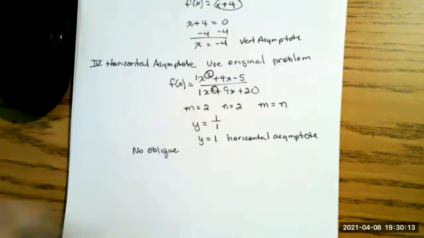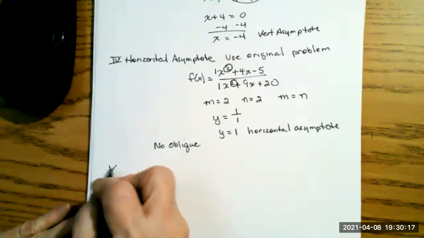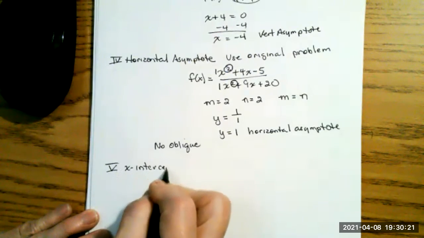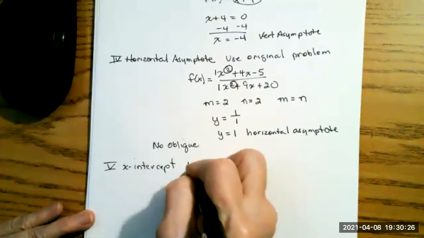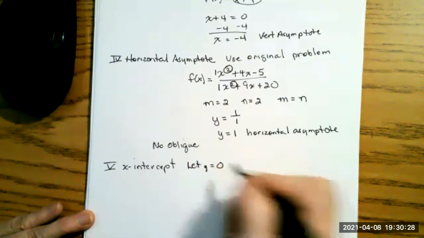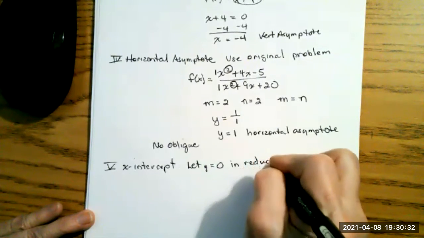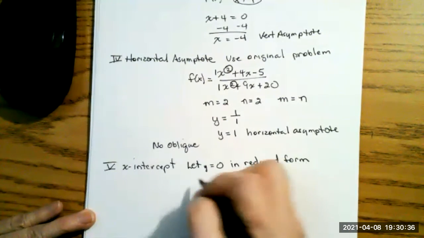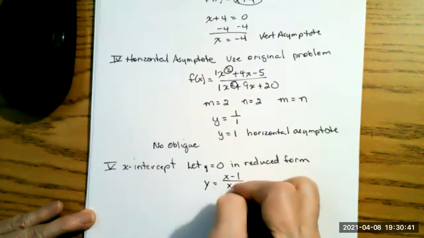Okay. Now the next thing we want to do is find the x-intercept. There'll be a spot for you to give the x-intercept. Remember, this is when we let y equal 0, and we can use the reduced form for this. So let's use y equals x minus 1 over x plus 4.